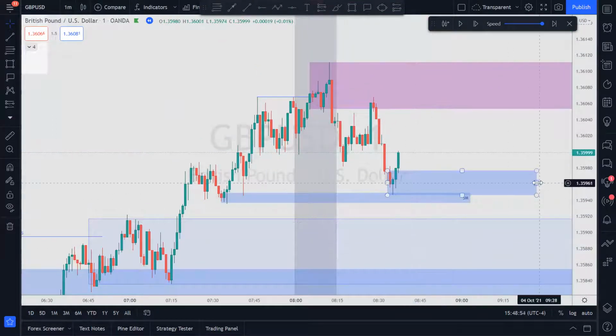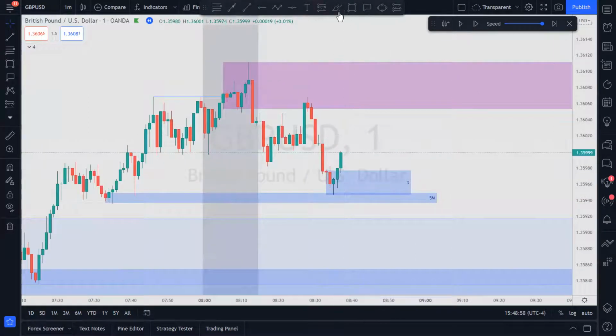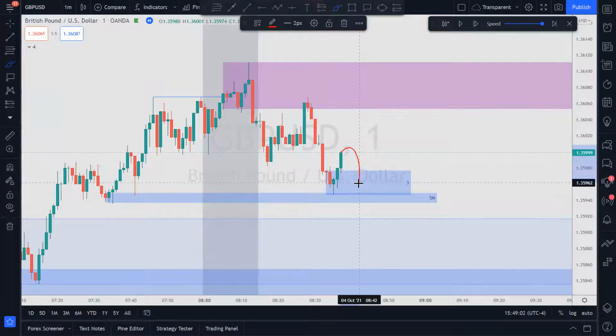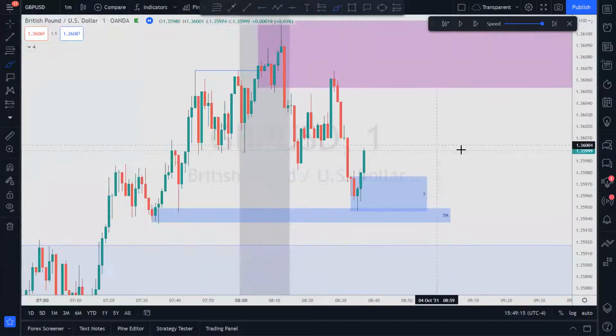I'm looking for price to come back and test this order block. That's going to be my entry, and that'll give me my quasi. You understand? Easy enough. Once you get used to using the strategy, you'll see it even when you're not looking for it.